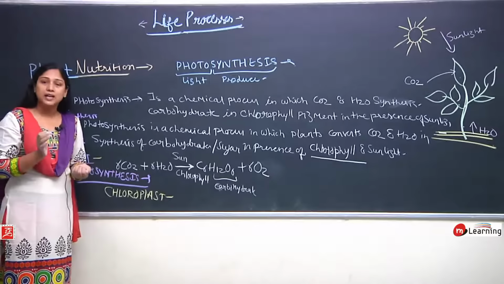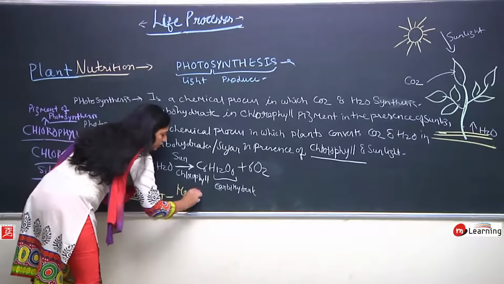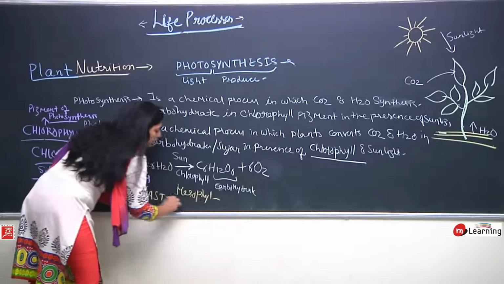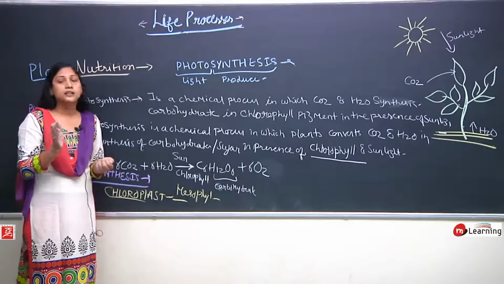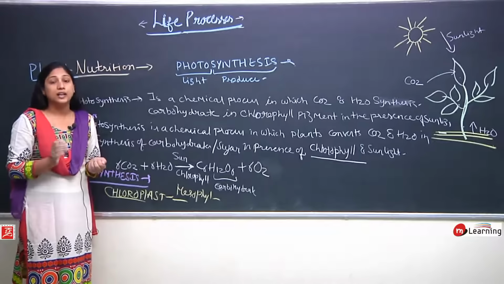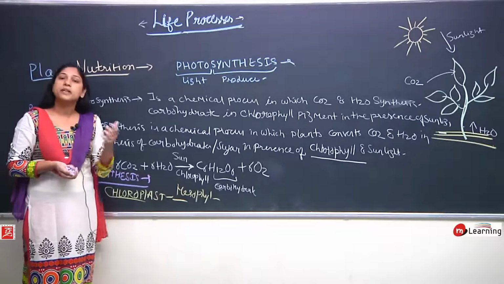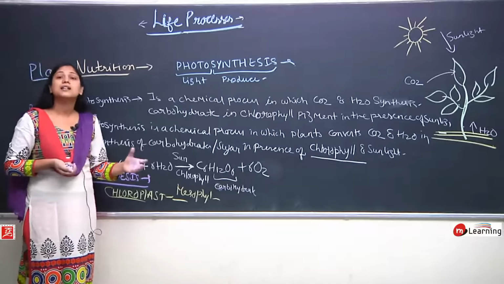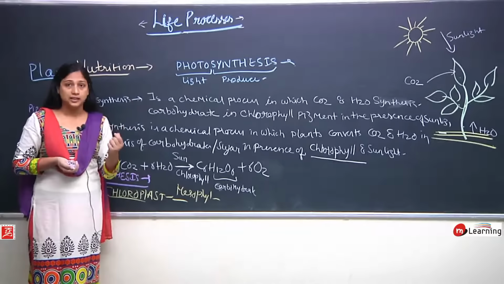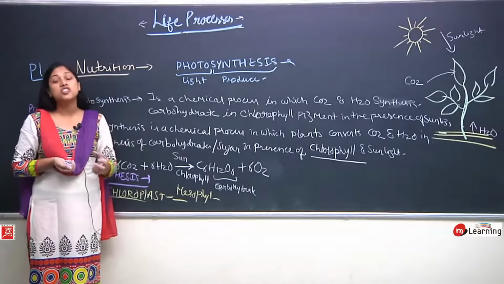So the chloroplast usually stays in the mesophyll layer. Okay, if we see a leaf structure, then we see three layers: the outer layer, the middle layer and the lower layer. The upper layer is the epidermis, which is formed by the cuticle. The middle layer is called mesophyll, which has two parts, a palisade layer and a spongy layer.